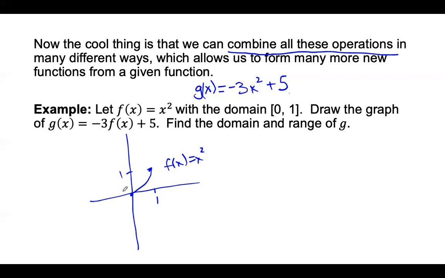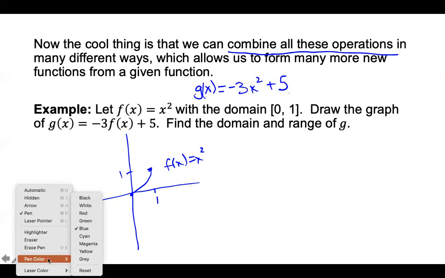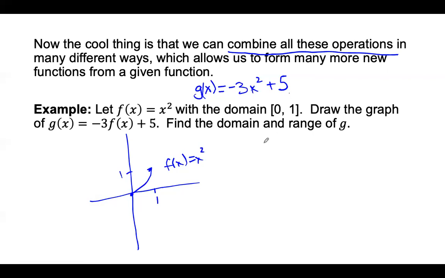The next process you could do is multiply it by 3. If you multiply it by 3, let's call it g1 of x. It's going to be 3 times f of x. You're going to get something up here.